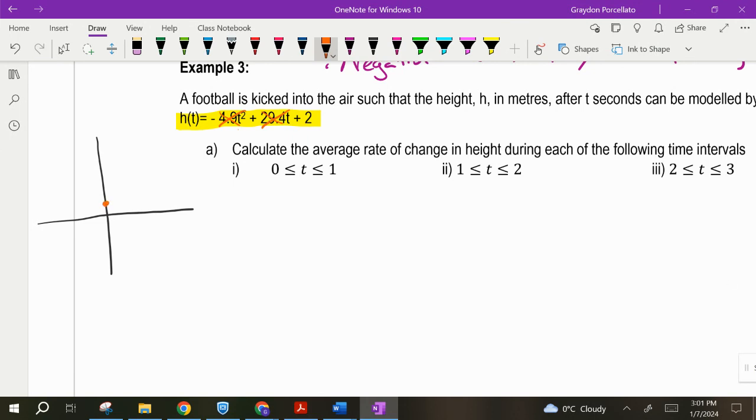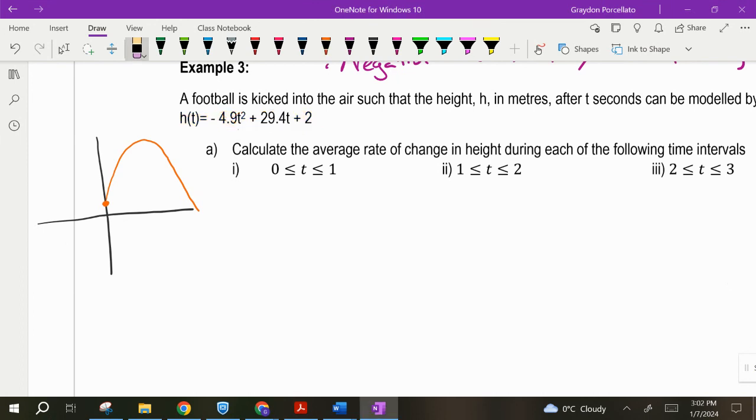So this has a y-intercept of 2. Now this graph is a parabola that's going to go up into the air and come back down. The ball is kicked into the air, travels in the shape of a parabola, and comes back down to the ground. Its height is in the shape of a parabola.